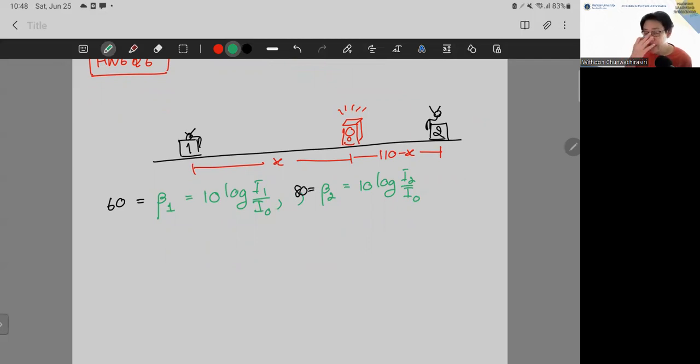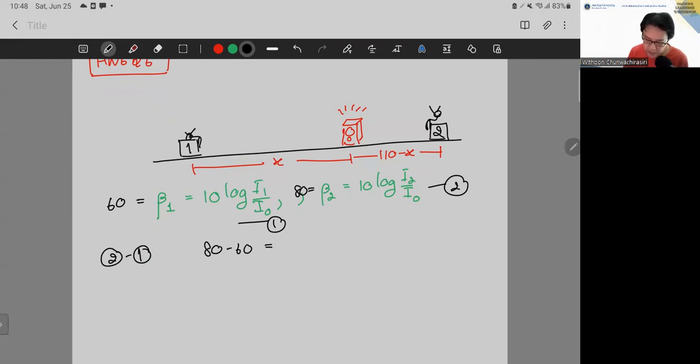We already said in class that when you manipulate logarithmic functions, usually you don't multiply or divide, you either add or subtract. Because you want to do a comparison, subtraction seems to be a good idea. Call these equation 1 and equation 2, and I take 2 minus 1, because 80 is more. So it's 80 minus 60.